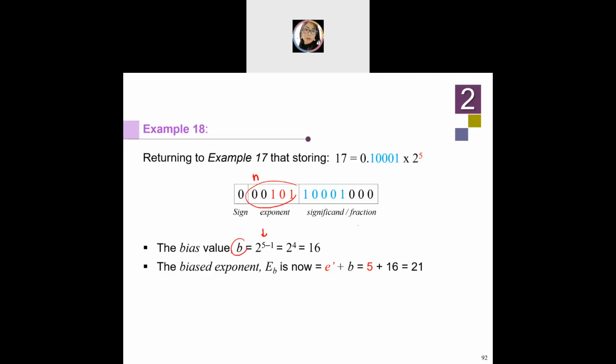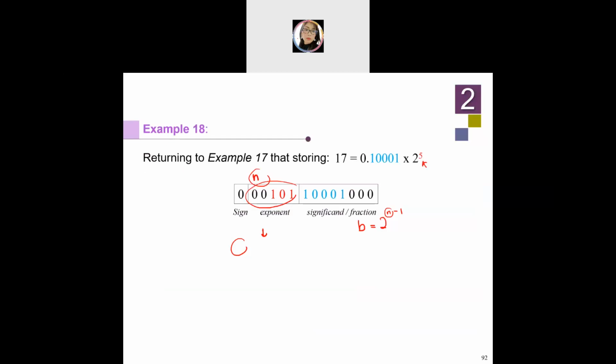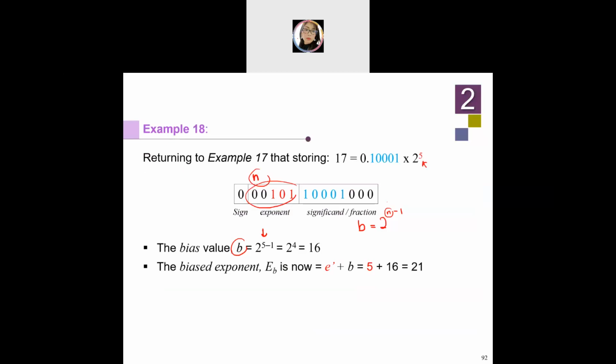Remember the equation b equals 2 to the power of n minus 1. And I already mentioned that n normally will be given. It is not this value, okay? This is the n value. Just now you had 14 bits. This one is 5, this is 8, isn't it? So this is the n value here. When we play around with the 14 bits, we put 5 here. That's why we get b equal to 16.